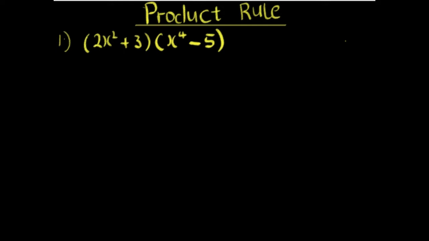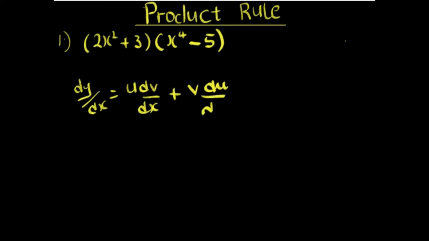Now the formula for solving product rule is given as dy over dx equal to u dv over dx plus v du over dx.